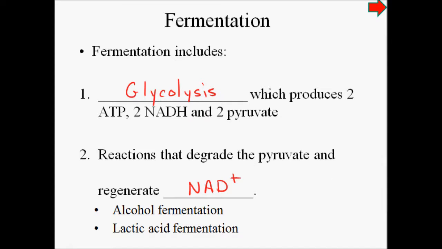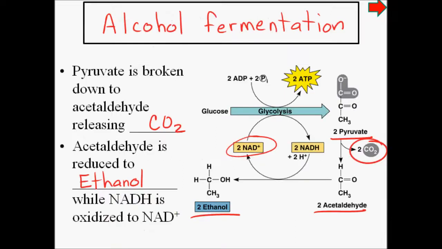So let's take a look at alcohol fermentation, which is the focus of your lab this week. So in alcohol fermentation, remember first, glucose via glycolysis has been converted to 2 pyruvates.